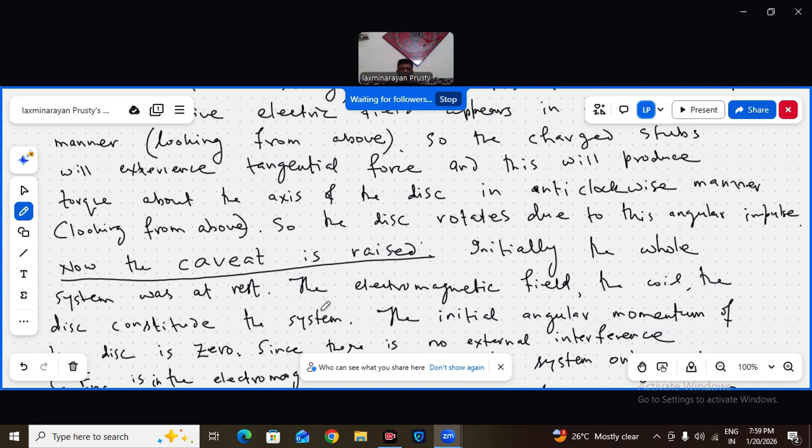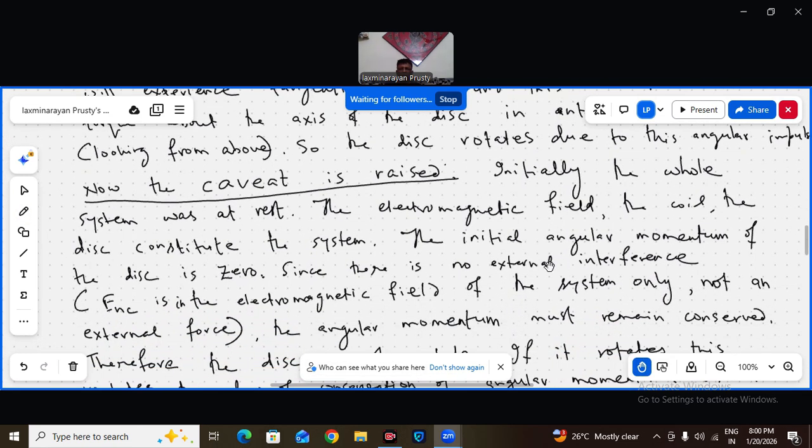The electromagnetic field, the coil, the disk, all this constitutes the system. Okay, the initial angular momentum of the disk is 0. It was at rest, and there is no external interference here.